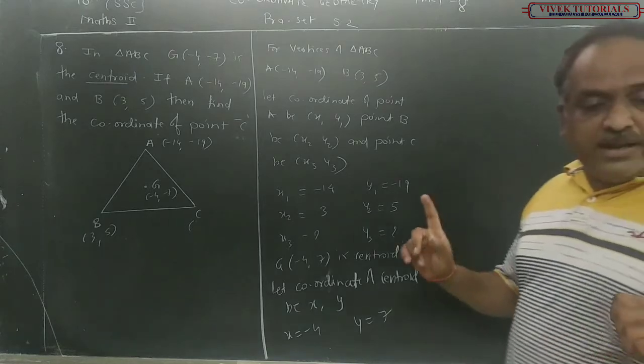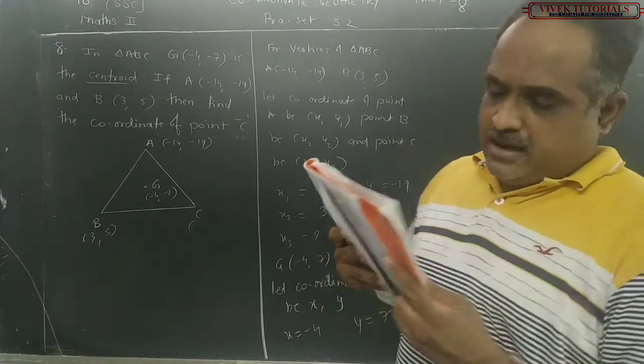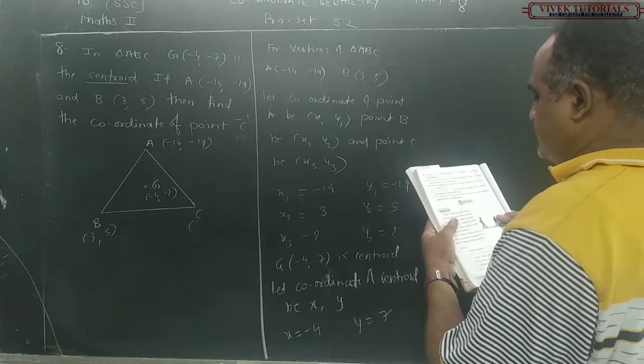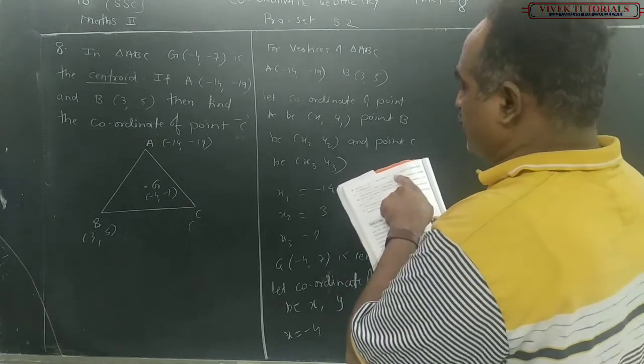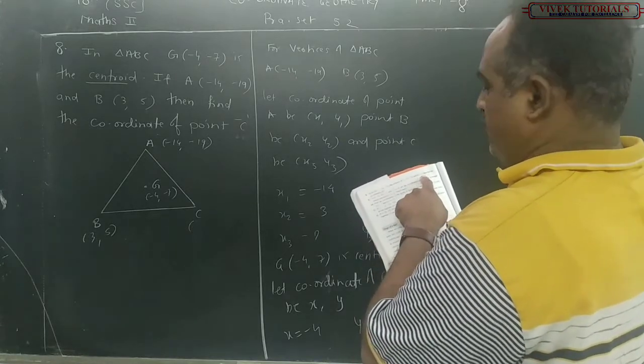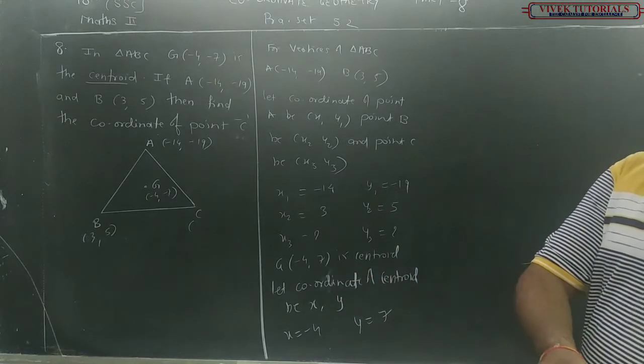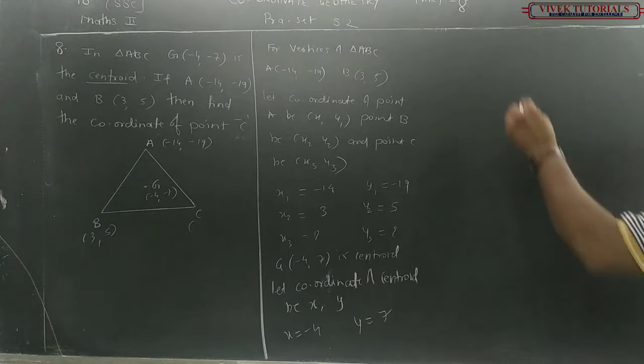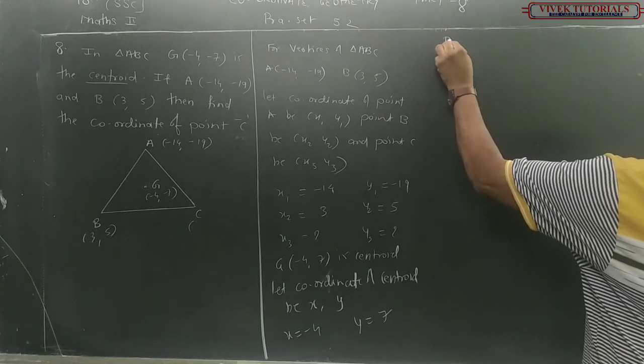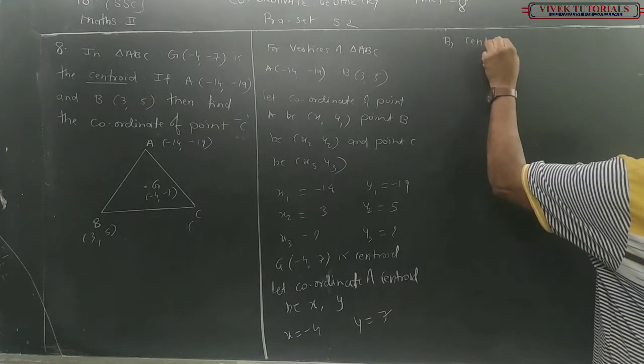Let me check the question once again. It is minus 4 and 7, minus 14 and 19, 3, 5. Okay. Now, by the centroid formula.